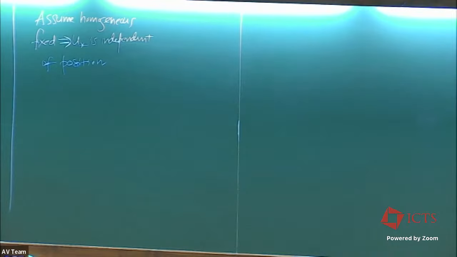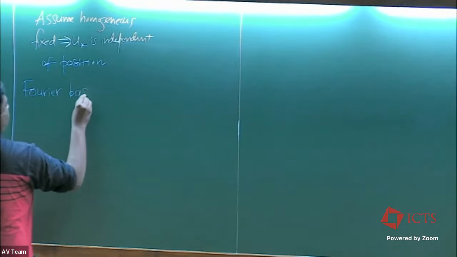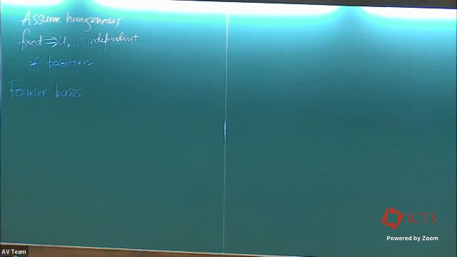That also says that this is a PDE system with constant coefficients. So therefore, it has space translation invariance, which means Fourier basis is a nice eigenset. And that's the method that we've been using so far. And most of the time, that is what will be used in pattern formation theory as well. So if U star were dependent on space, you've already broken translation invariance. So therefore, you cannot use Fourier functions as basis set.